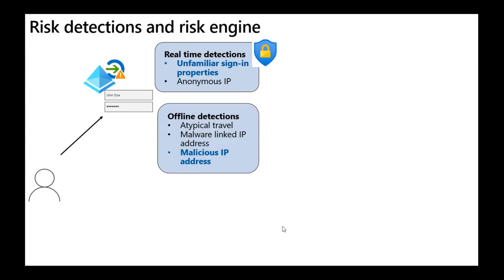Now, real-time detection, like an unfamiliar sign-in and anonymous IP. If your cloud or your on-premise environment is not secured by any measure, your identity can be compromised.